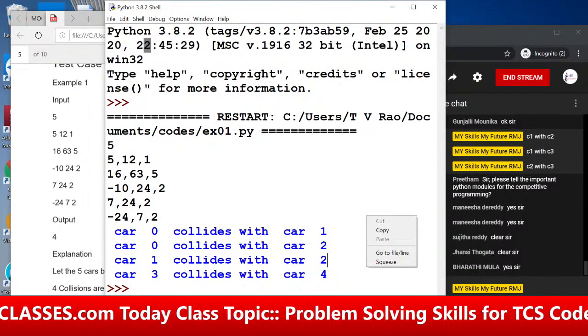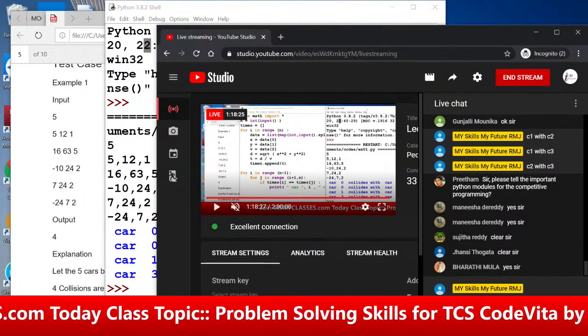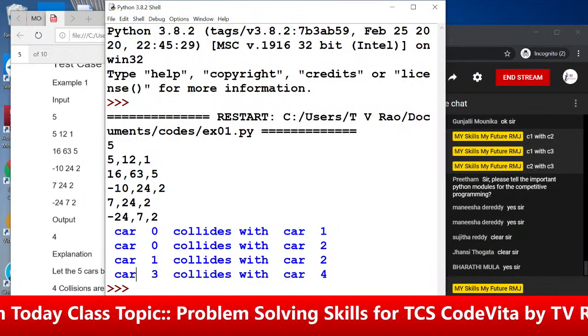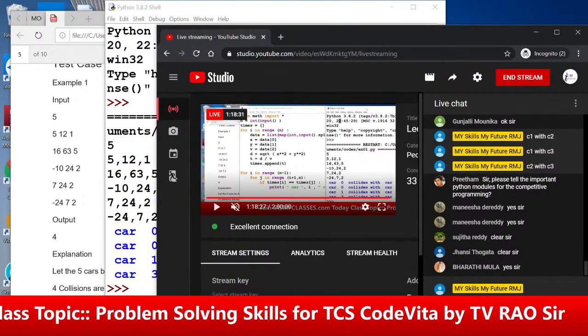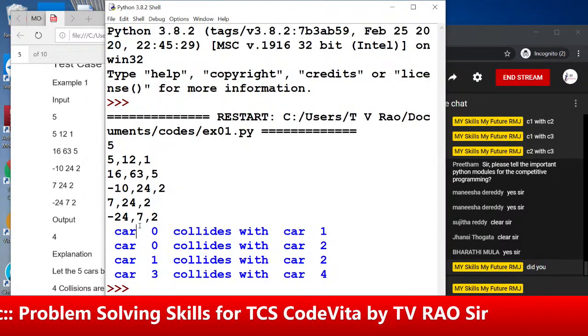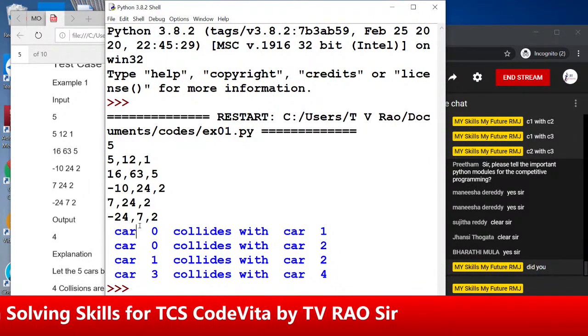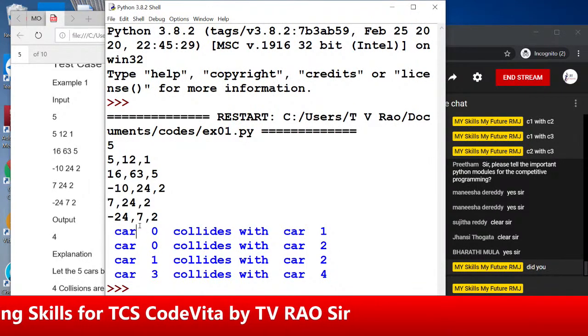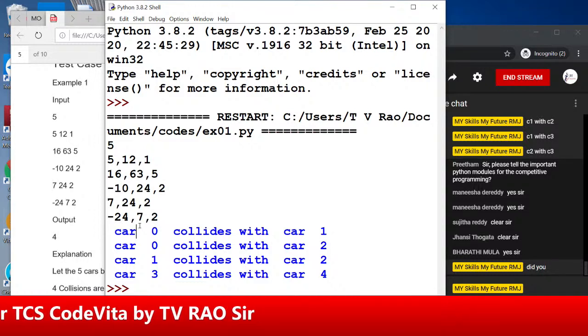Is this clear? Did you understand it? So how many collisions? 4 collisions. And this was the output expected, isn't it?